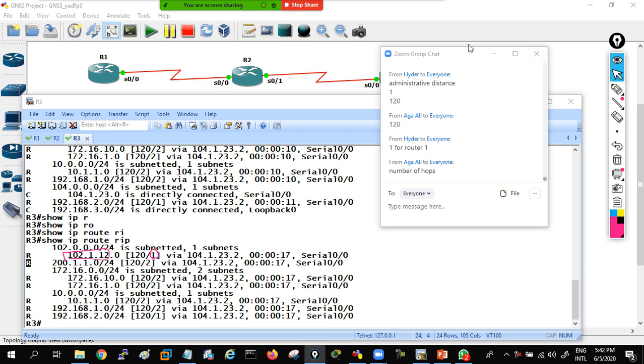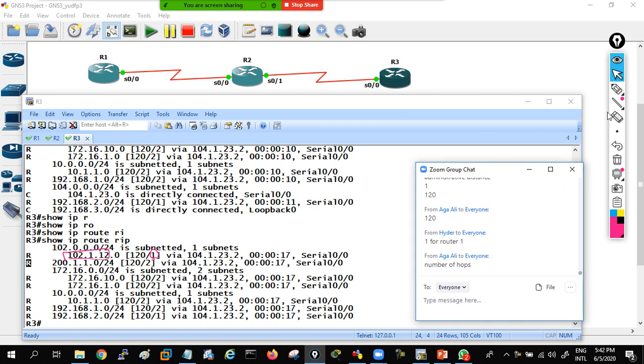As per router 3's perspective, to reach the 102.1.12.0 network it will be only one hop. It will contact router 2, because router 2 is connected with this directly. So that's why it's saying only one hop count.